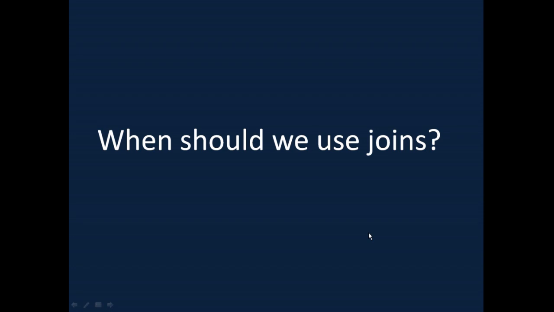Now, to use joins, we need a common column. Based on that, we can join the two tables. So the summary over here is why we have to use joins: because data is present in multiple tables.